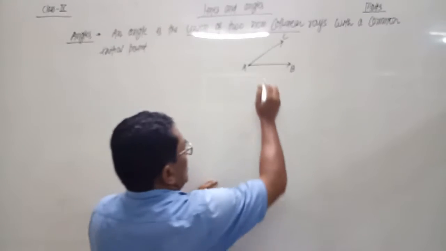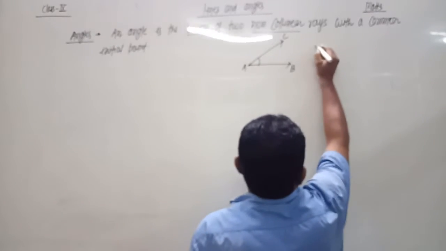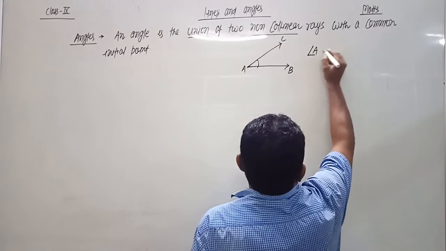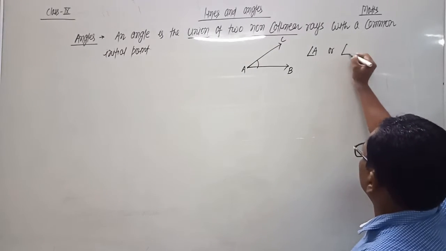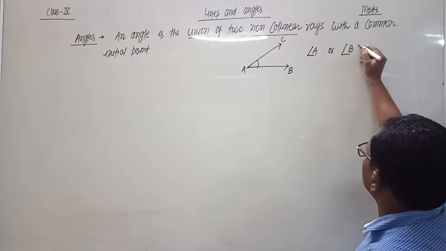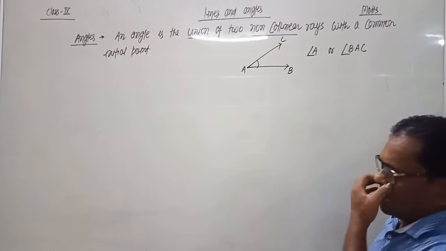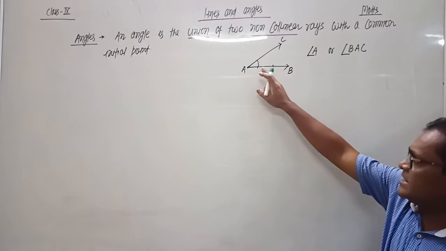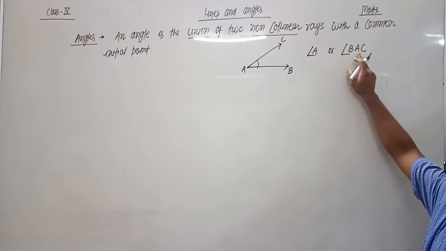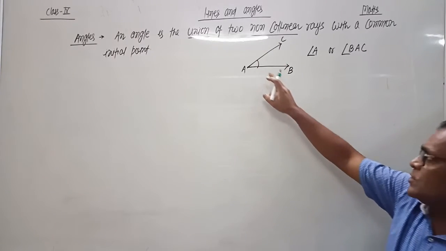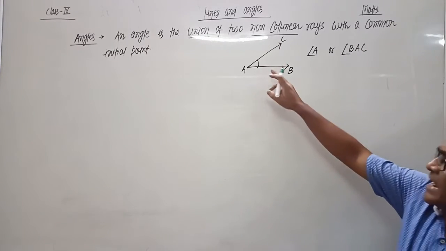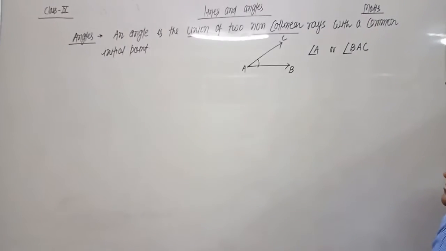So the angle is called angle A, represented by this sign, or it can be written as angle BAC. The angle which we have to represent is taken in the middle, angle BAC or angle CAB.